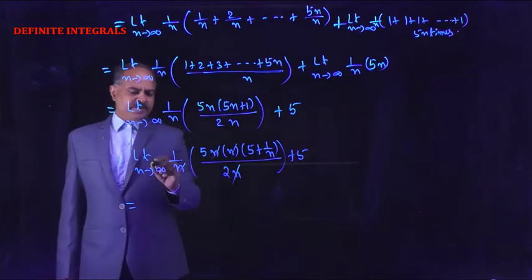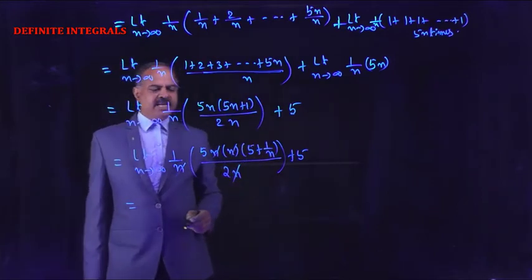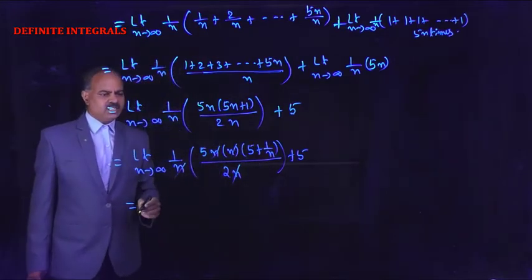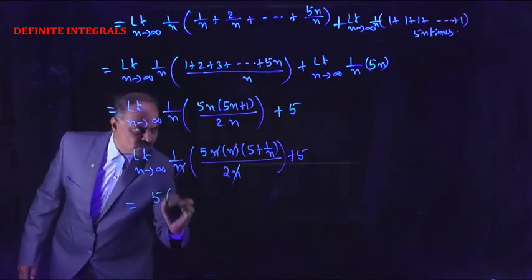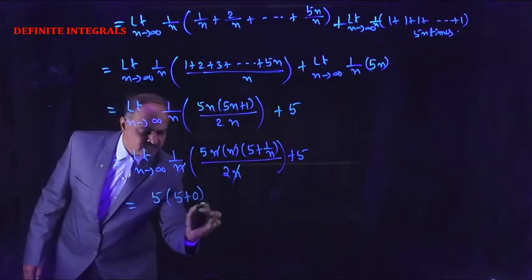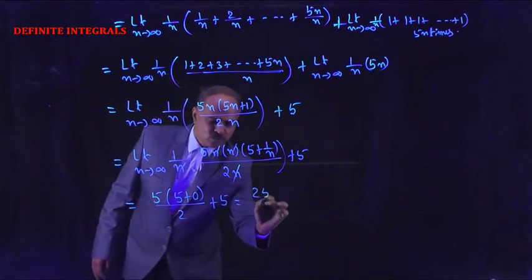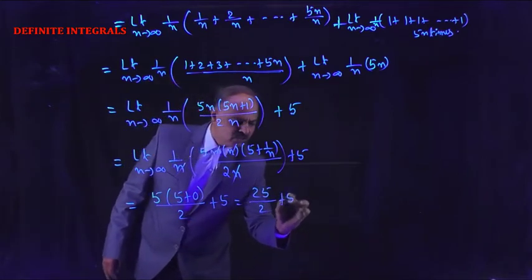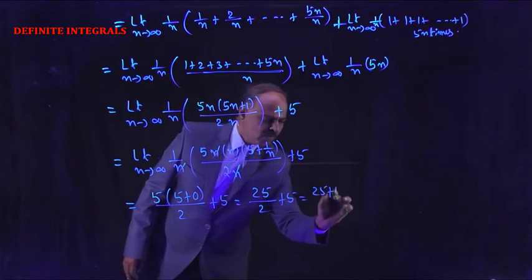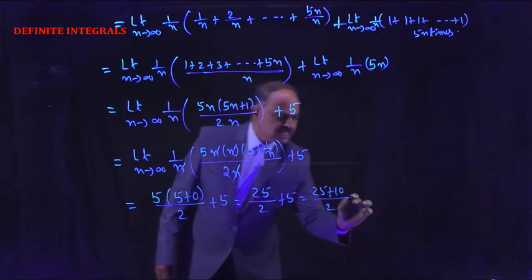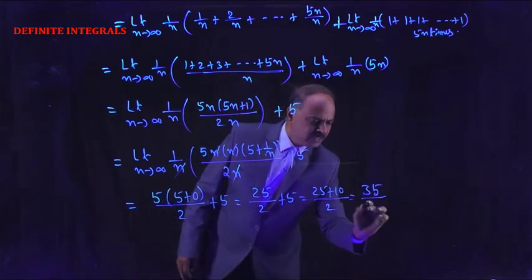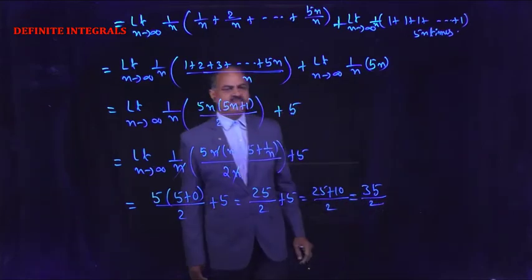So limit n tends to infinity 1 by n equal to 1 by infinity, that is equal to 0. Now this is equal to 5 into (5 plus 0) by (2 plus 5). Now that is equal to 25 by (2 plus 5). So therefore 25 plus 10 by 2, that is equal to 35 by 2.